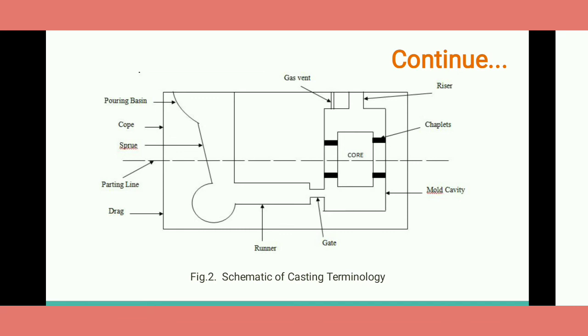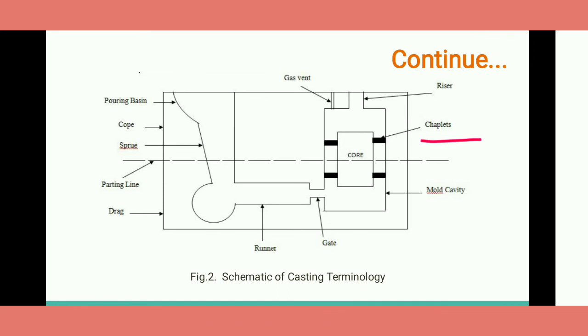So that core we are using, and whatever the shape of the hollow cavity that we require, accordingly we make this core, okay. And as we need something to hold this core in between the cavity, for that we are using the chaplets, okay.